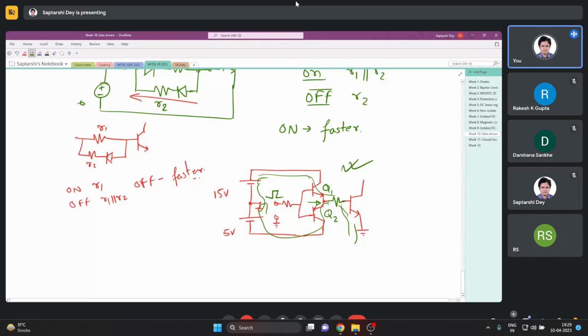Which two points were you saying? I'm not very clear. Sir, between the emitter of Q1 and the emitter of Q2, there is a midpoint. Just a minute, I will draw it once again.